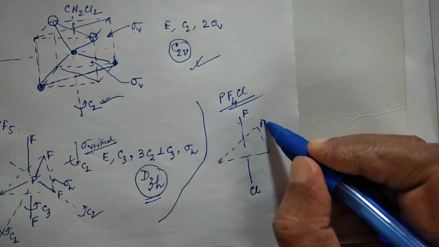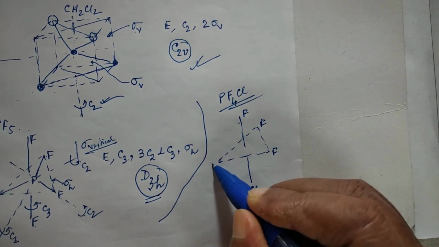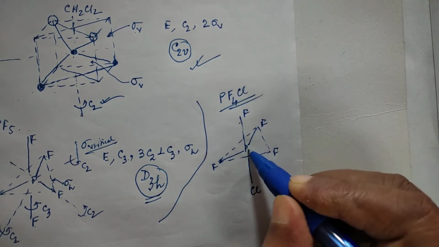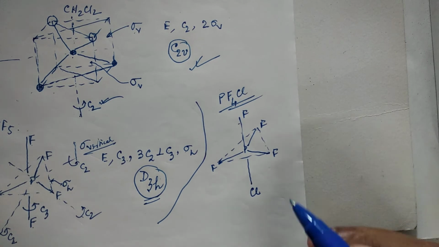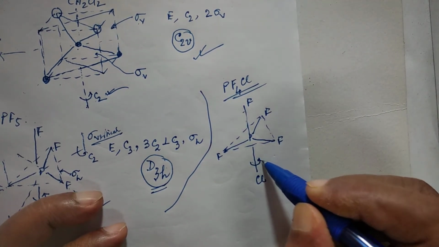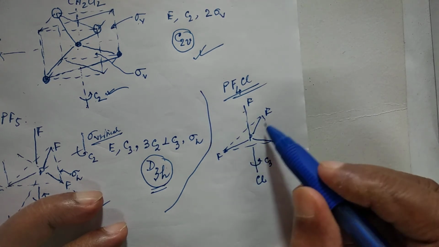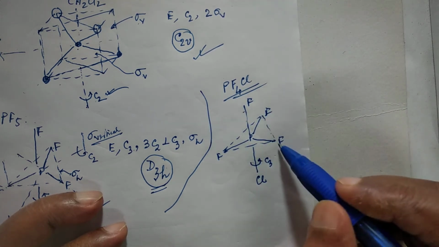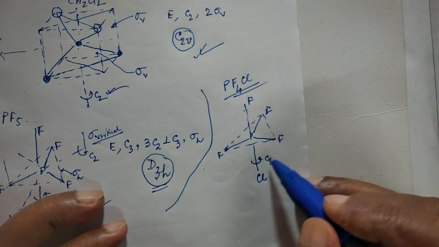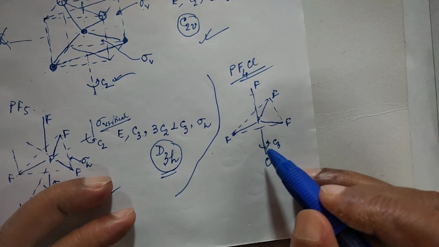These are all fluorine atoms. And this is phosphorus. What is the point group now? Here also, this line acts as a C3 axis because there are fluorine atoms which will exchange places when this C3 rotation is carried out.